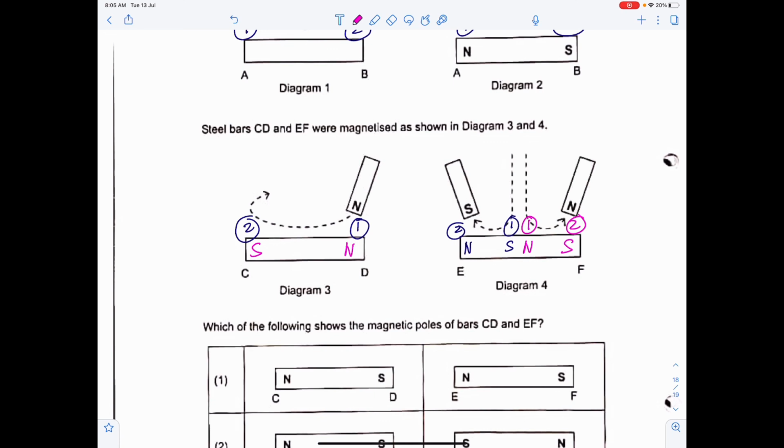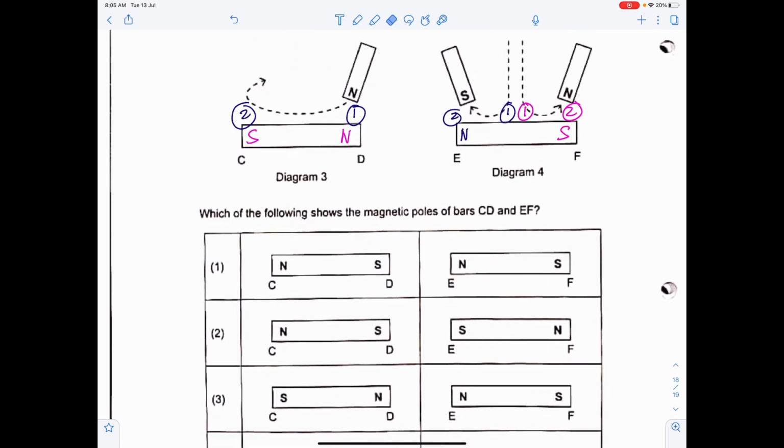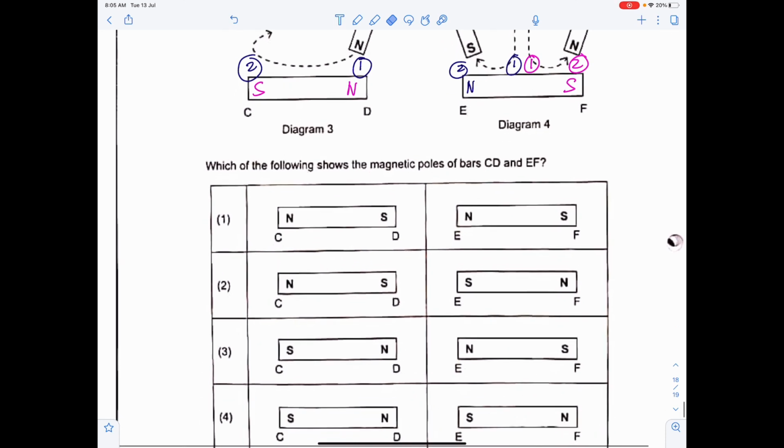So does it tally? Yes, because if you take a look at it, this is this end and this is this end, so it tallies. You cannot have 2 opposing poles within the same magnet. So this is correct, and with that, we will have deduced the answer. So the answer is 3.